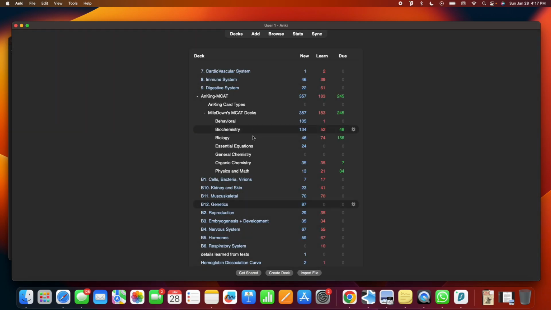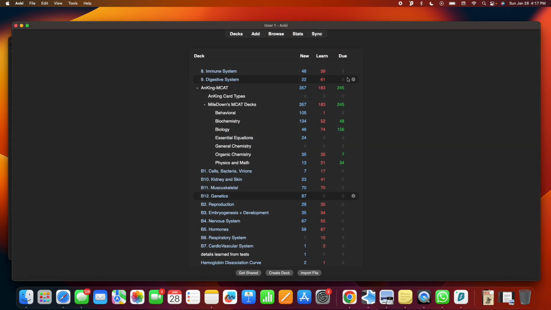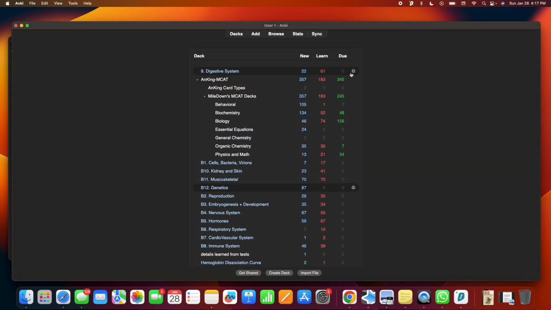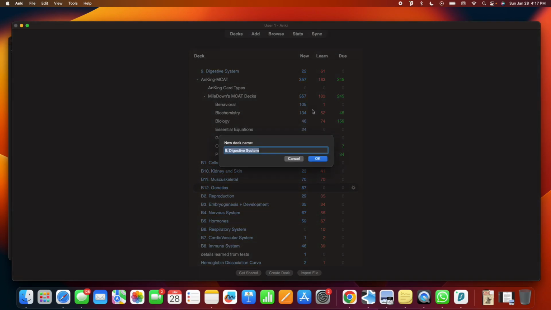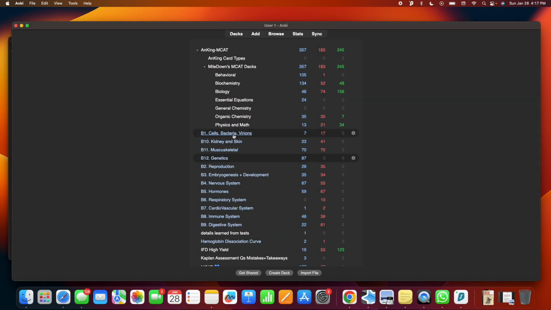And let's take a look at our deck here. Let's rename these actually. B7 cardiovascular. Just add the B before it. This goes B8 immune system. This goes B9 digestive system. And we are good to go, I think.